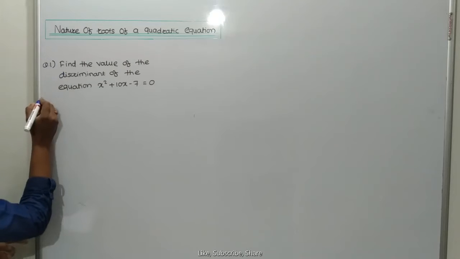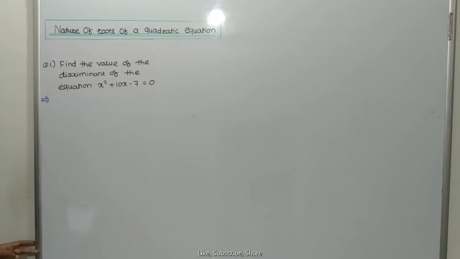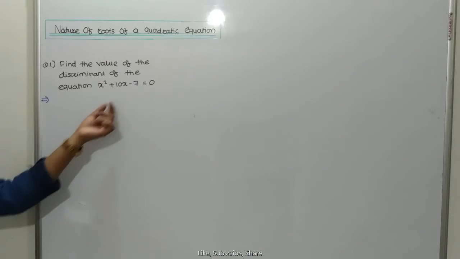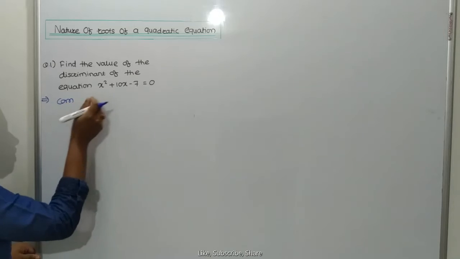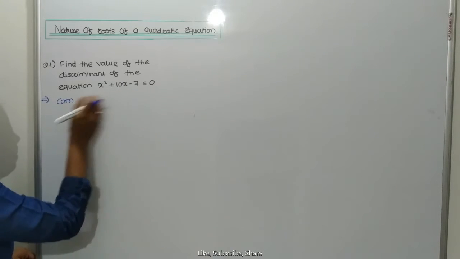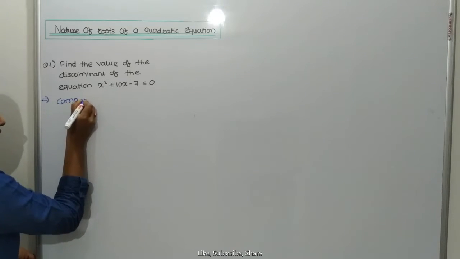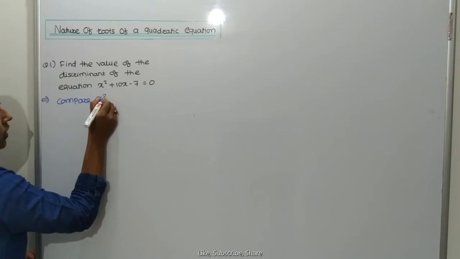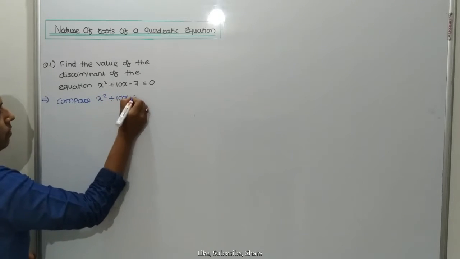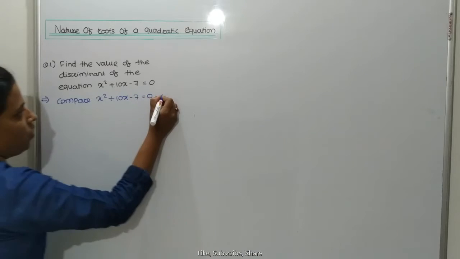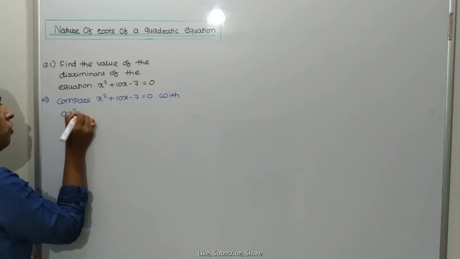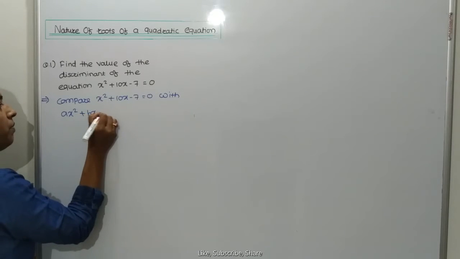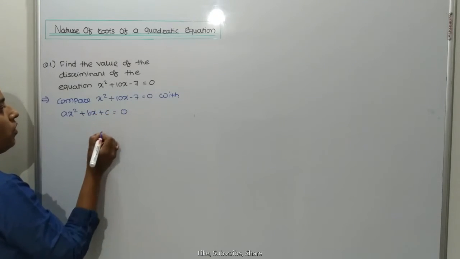For finding the value of the discriminant, we compare this given equation to the standard form of the quadratic equation, ax square plus bx plus c is equal to 0.